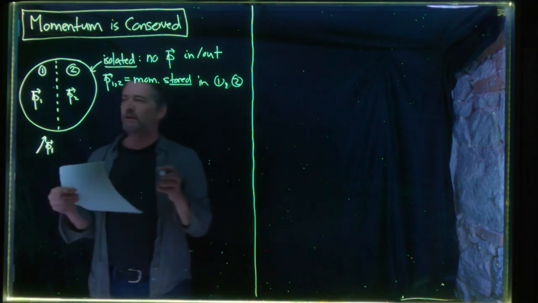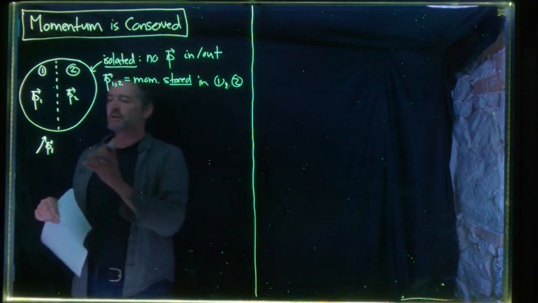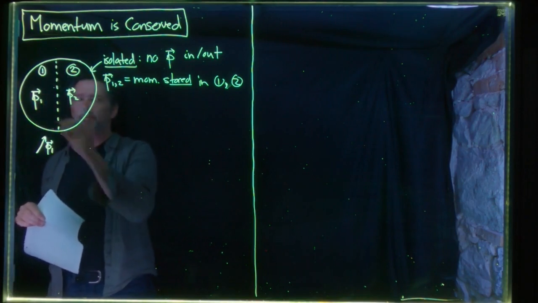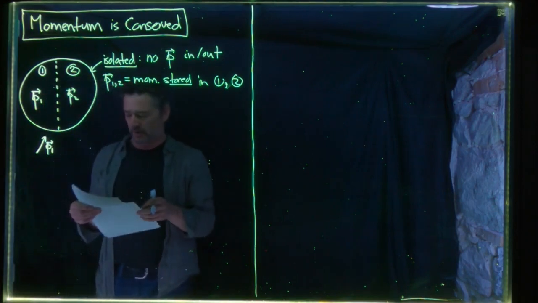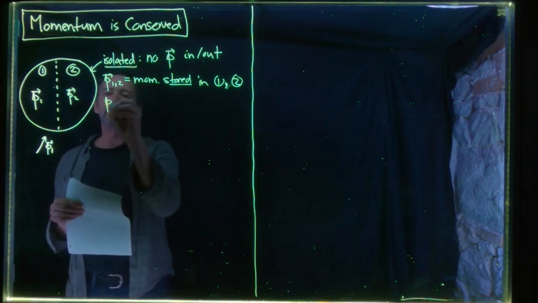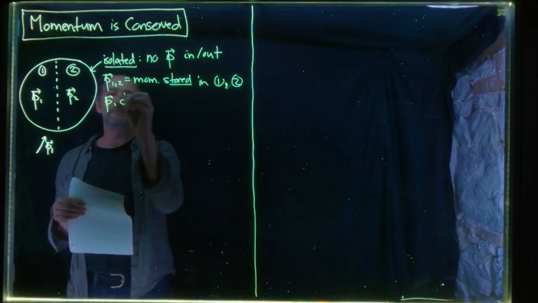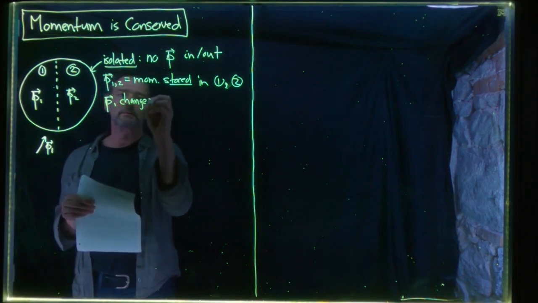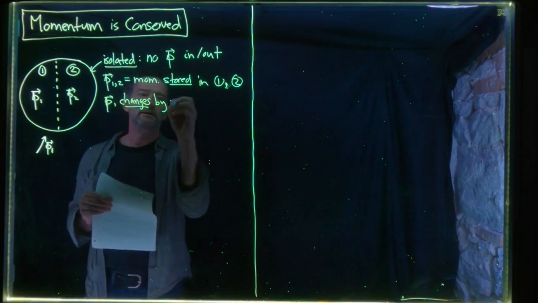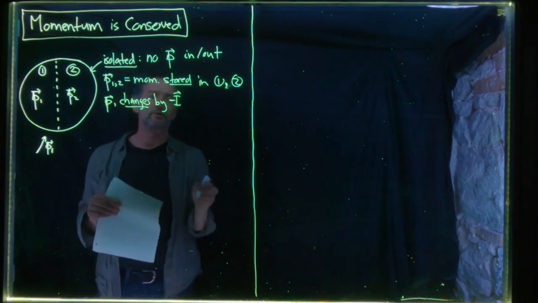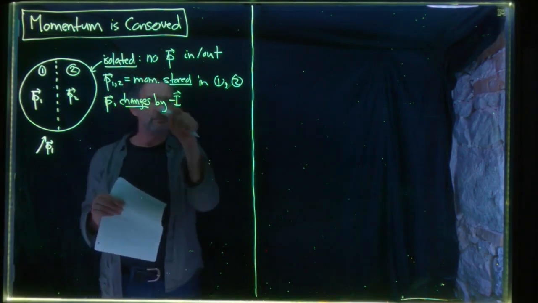Okay, and then the idea is this. Suppose that the momentum in this system changes by a certain amount. So we'll suppose that P1 changes by, let's call it a vector I, and put a minus sign in front of it.